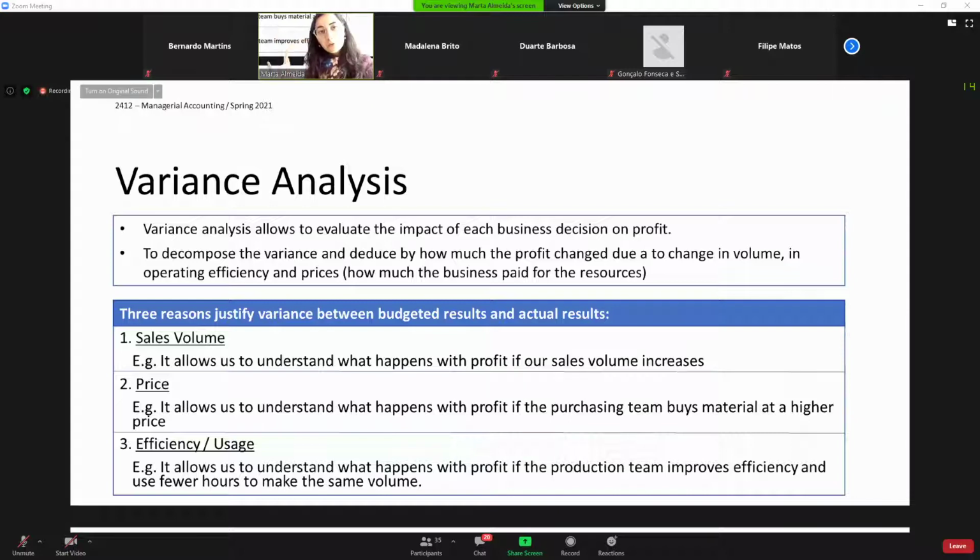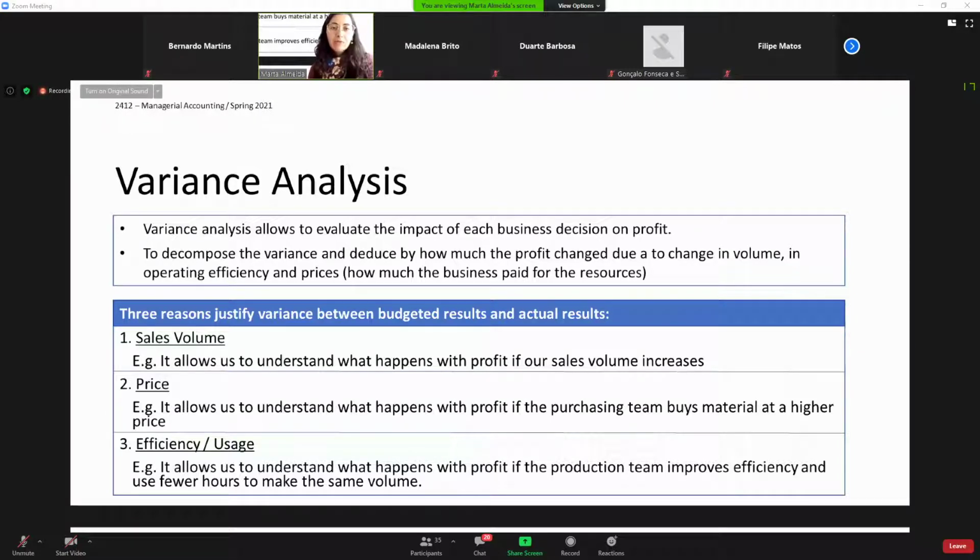Due to this difference of sales volume, we would expect a higher profit, but that did not happen because of the other two reasons that we have there. Price. We sell more, but we sold at a lower price. And also price of materials and labor and other costs. We had higher costs with materials, higher costs with labor, higher costs with indirect salaries, and with other overheads.